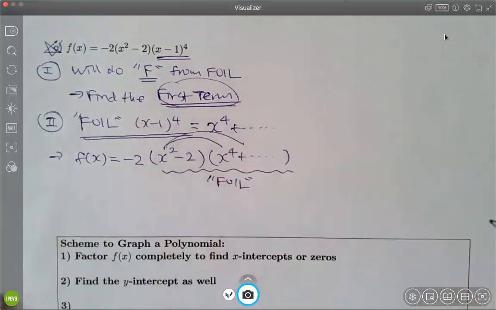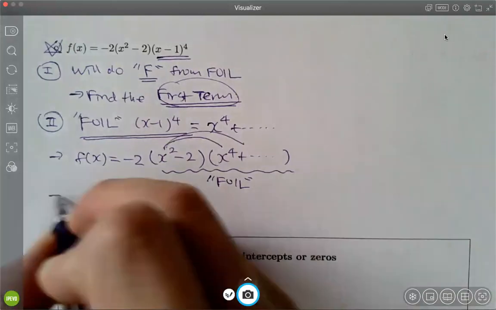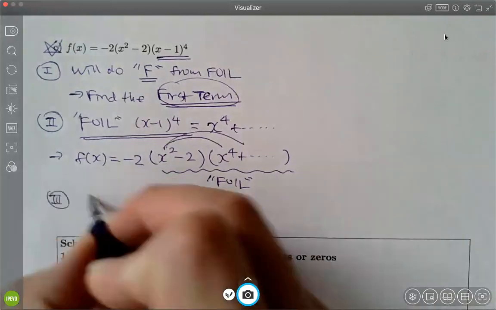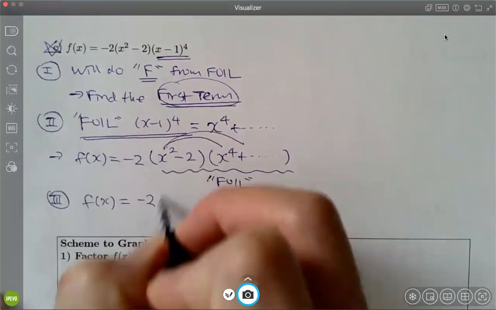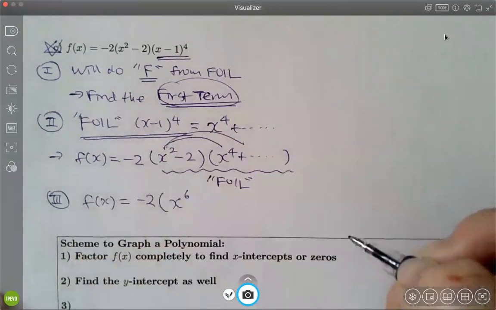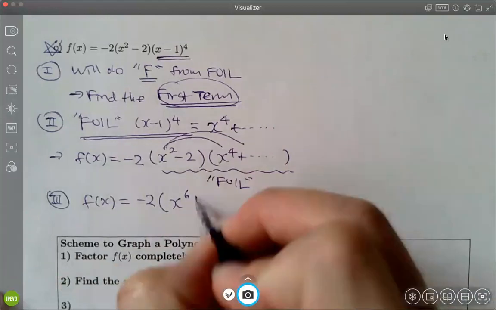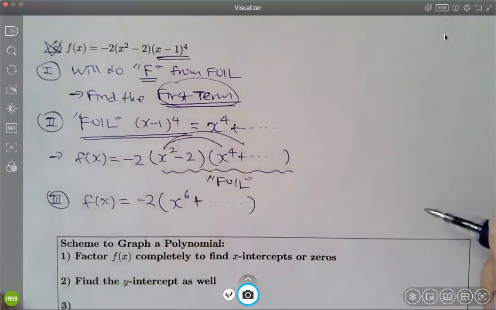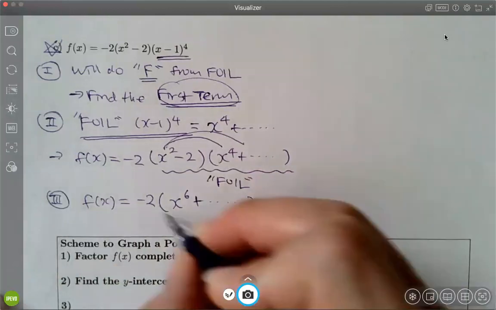And what is the first term here? x to the sixth power, and then plus whatever, which we don't care about. And then what is the final task? You will distribute the -2, right?